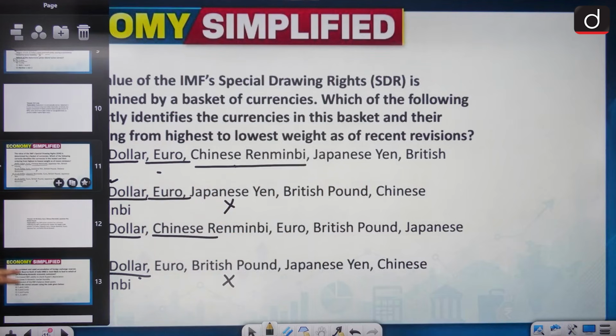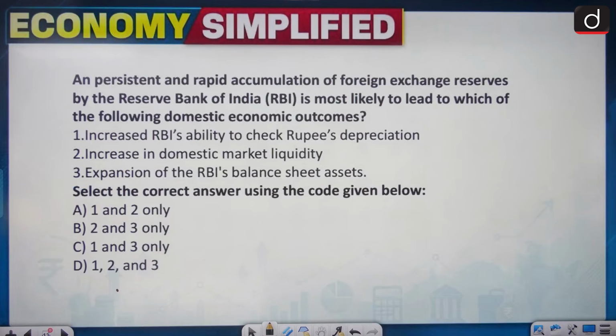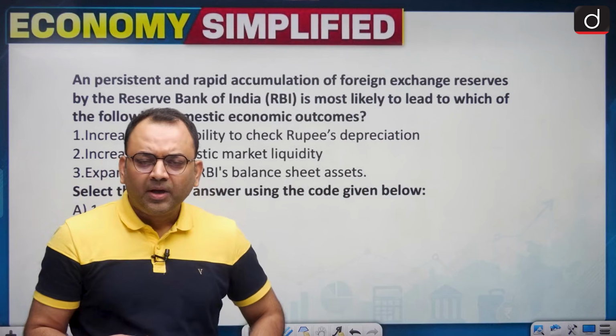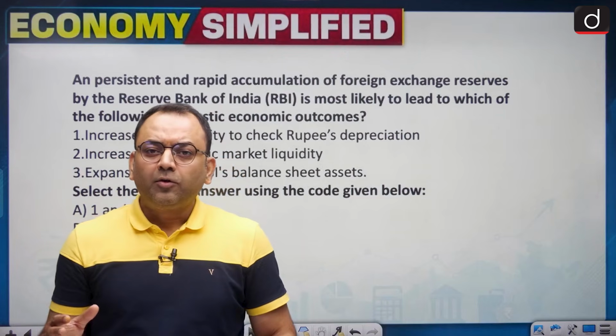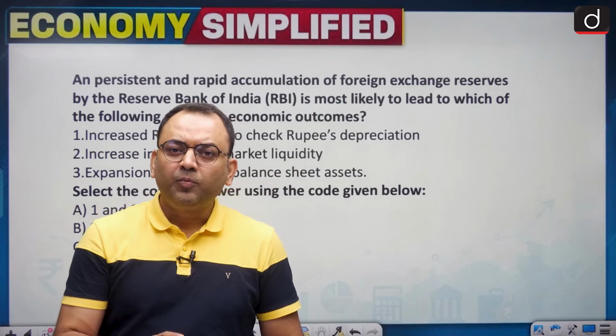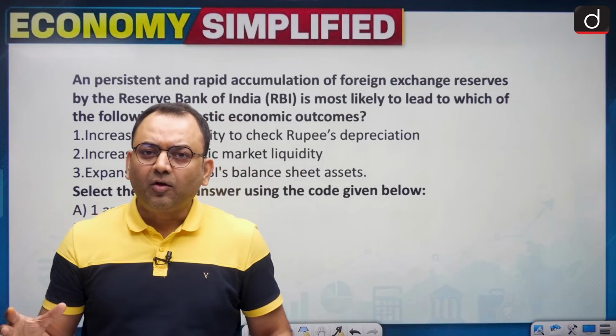We have one more question coming up. A persistent and rapid accumulation of forex reserves by the RBI is most likely to lead to which of the following domestic outcomes? Friends, if the RBI holds a lot of forex, what would happen? Suppose RBI has a lot of forex, so in case the rupee depreciates, RBI may sell the dollars in the market to check the rupee's slide, because RBI will increase the dollar supply.